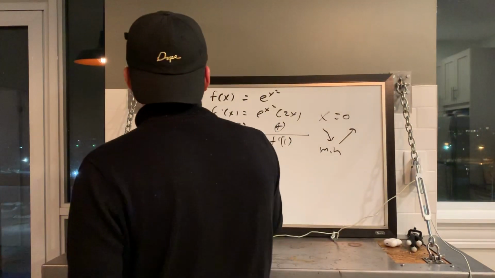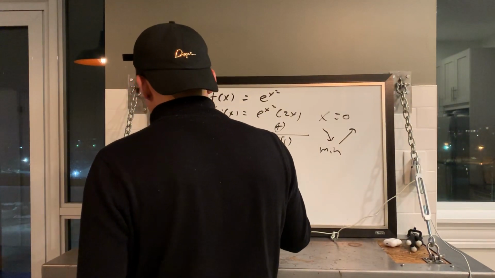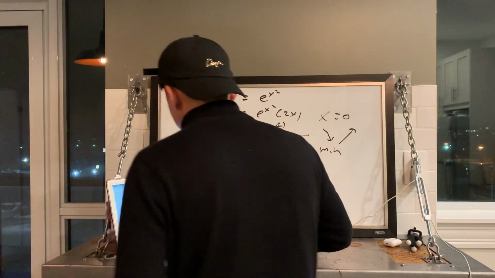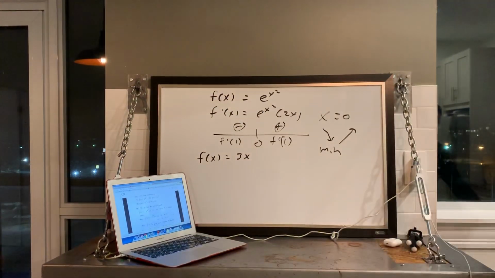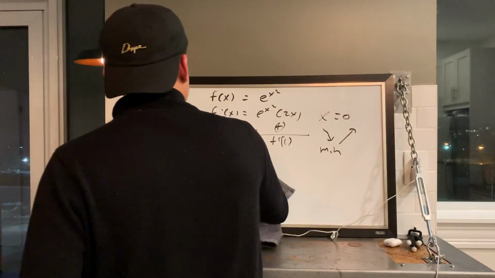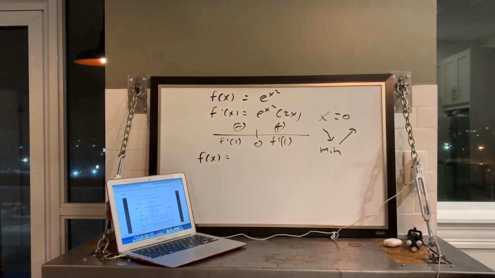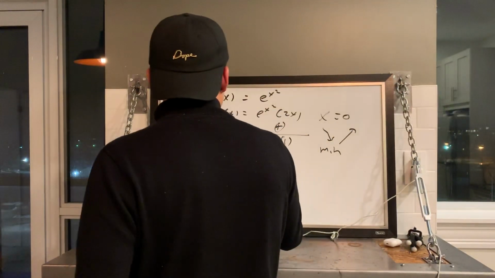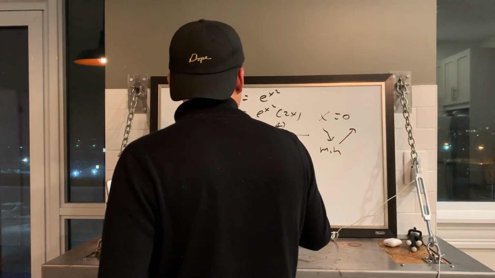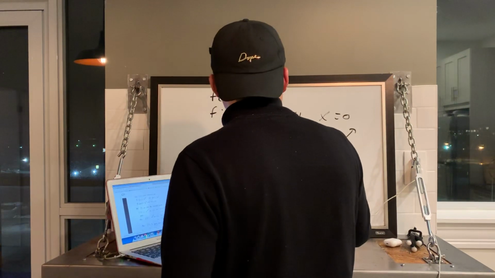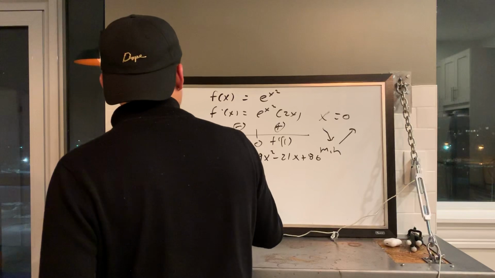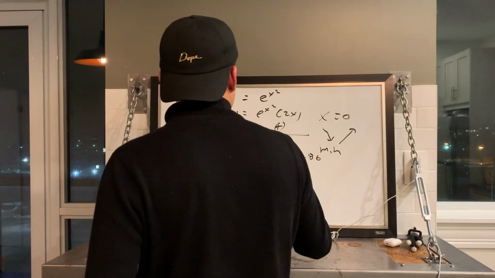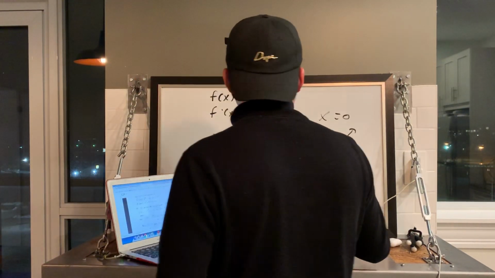If f of x equals x cubed plus 9x squared minus 21x plus 86, then f prime of x equals 3x squared plus 18x minus 21.